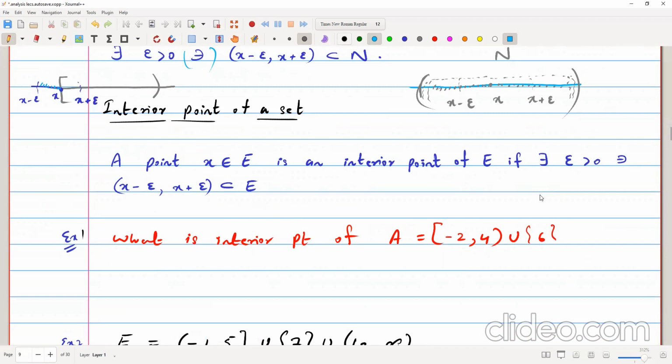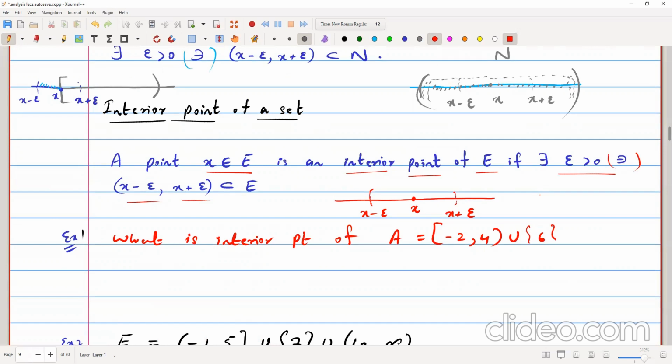The definition says that a point x belonging to the set E is an interior point of E if there exists epsilon greater than 0 such that the interval x minus epsilon comma x plus epsilon is contained in E. This is obvious from the definition: we need x plus epsilon and x minus epsilon to be actually contained in the set.